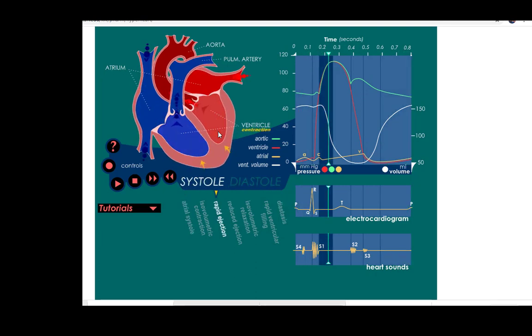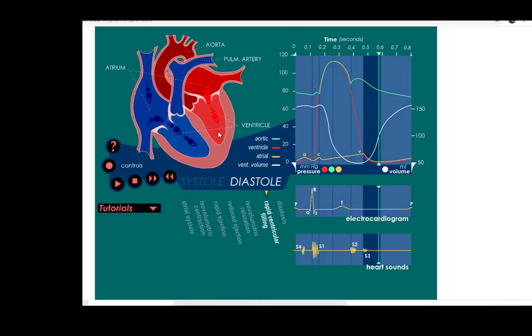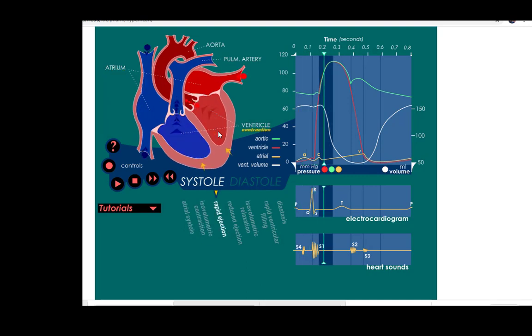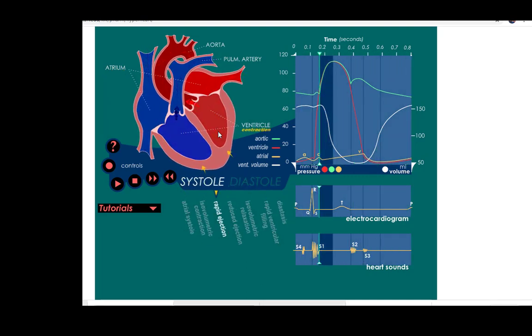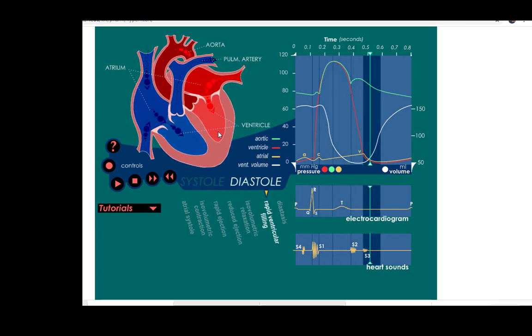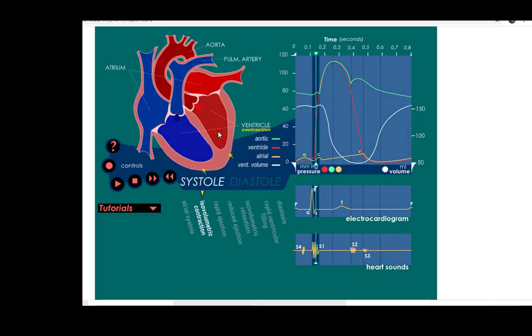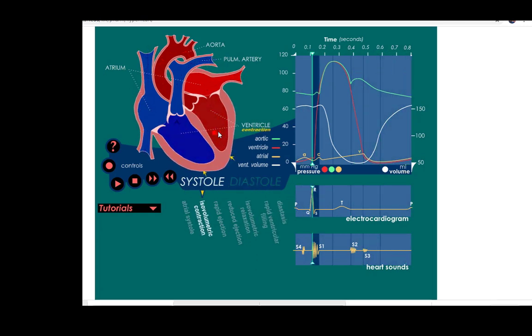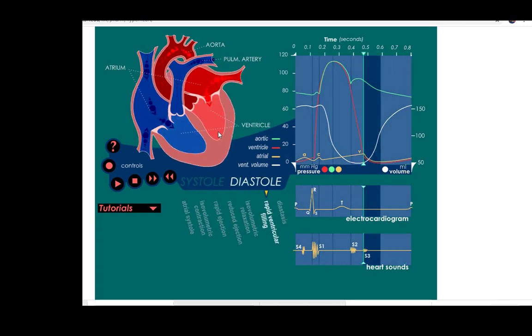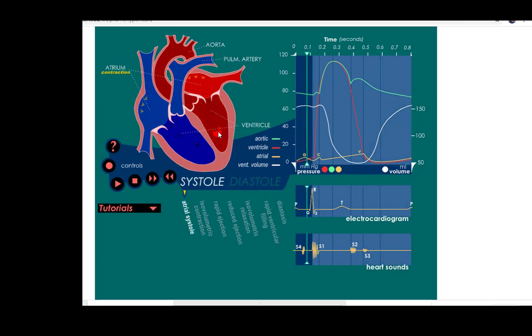But again, because of these valves, you're going to notice there's only a one-way direction. They flow in through the veins, to the ventricles, and out through the arteries. So it's always veins, atria, ventricles, arteries. It's always in that one-way direction.